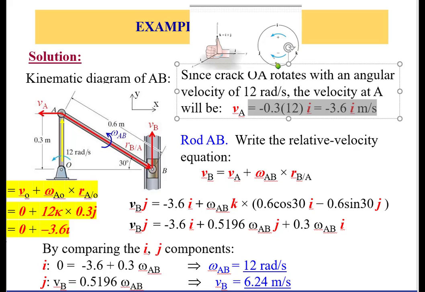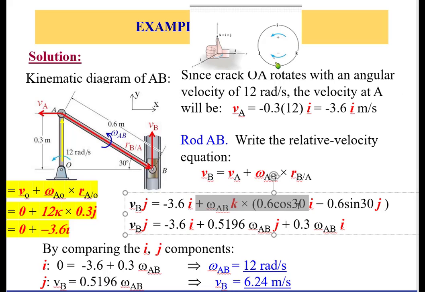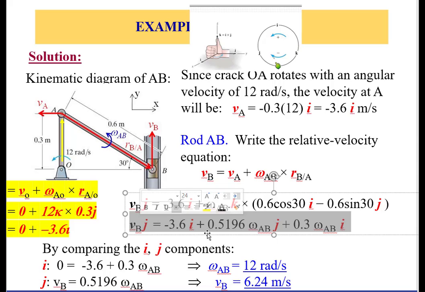So vA is unknown, you plug in vA here and you do this cross product using the right hand rule, and this will end up in a vector equation where you isolate j's and i's into two separate equations, where you equate the i's and the j's separately.